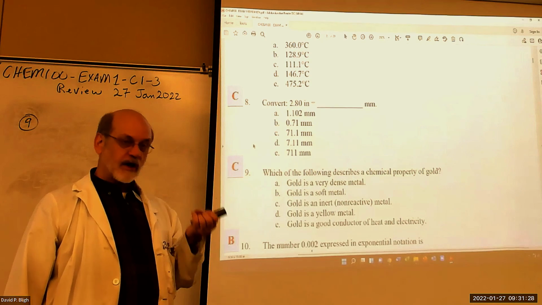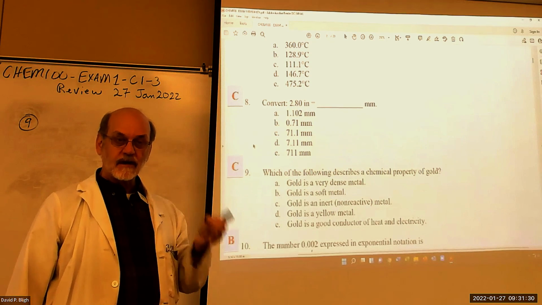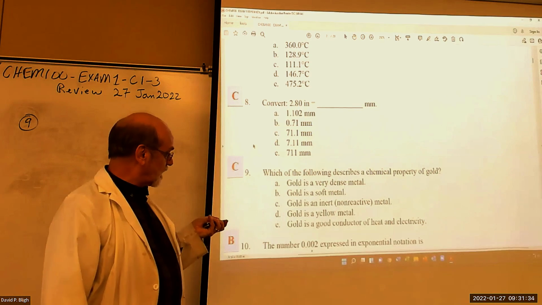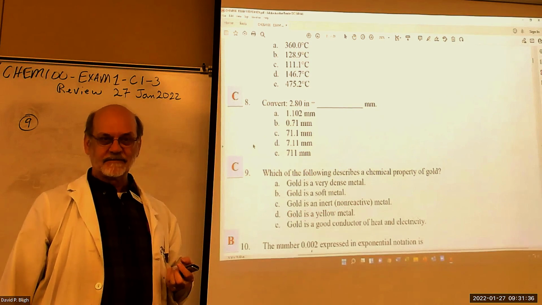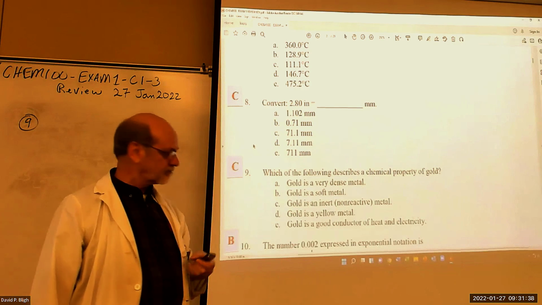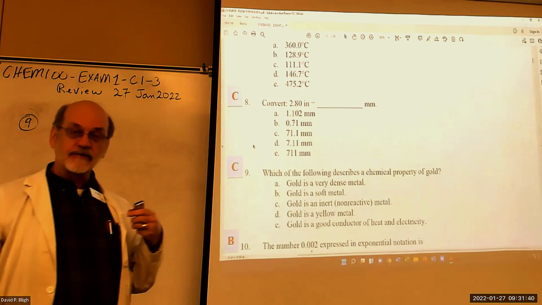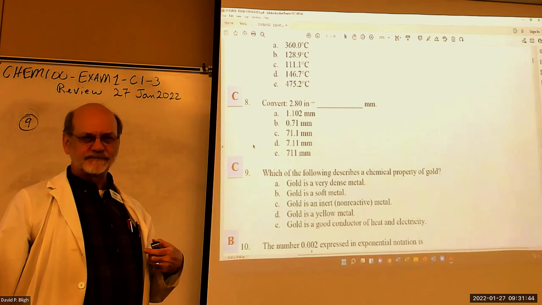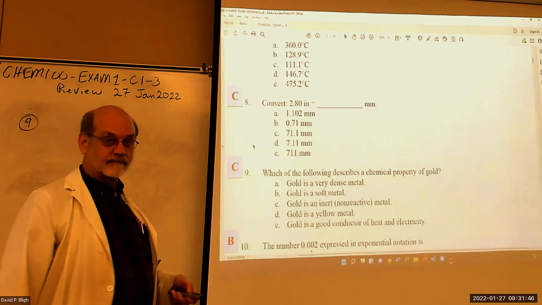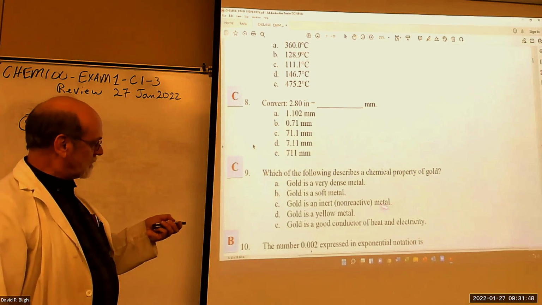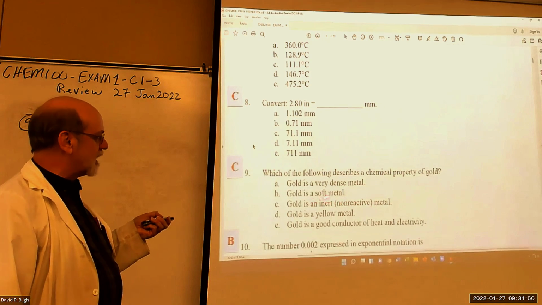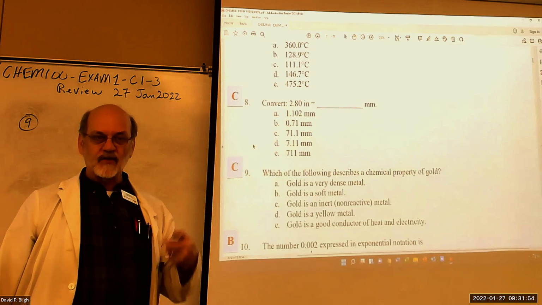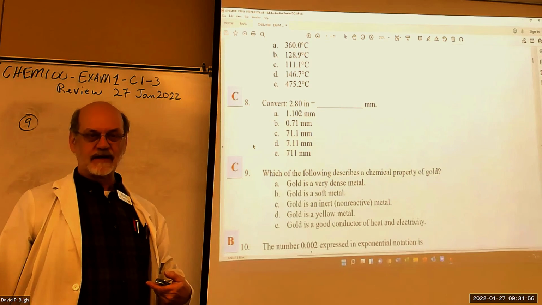It's composed of hydrochloric acid and nitric acid. Those in combination take gold into solution. And actually, it forms the chloride of gold. So it is a chemical reaction. But being non-reactive is a property of gold that speaks to its chemical behavior, right? Its potential.